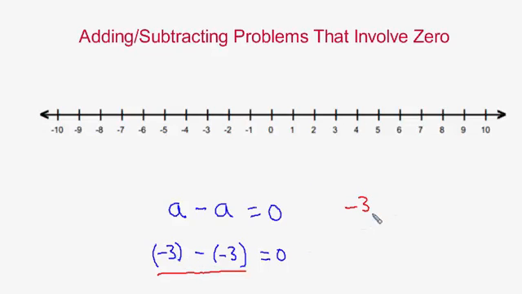You could change the subtraction problem to an addition problem only if you change the sign on the second number. So changing the subtraction to an addition and then changing the sign on the second number would give me a positive 3. And then one way to think of this is that you're at negative 3 on the real number line. That's here. Adding 3 would put you 3 units to the right, which would have you ending at 0.